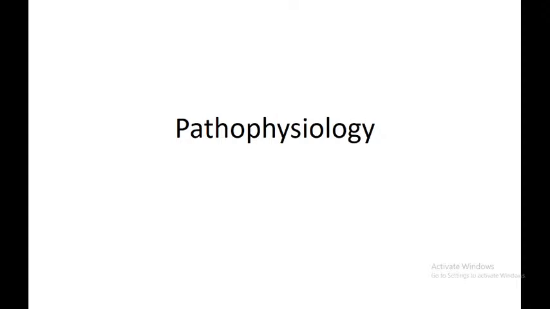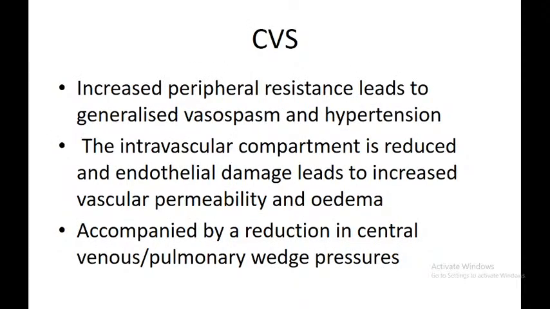So coming to the pathophysiology, why do we see all these adverse conditions and the severe complications? So what is the pathophysiology behind this? In the cardiovascular system, we find there is an increased peripheral resistance leading to generalized vasospasm and hypertension.